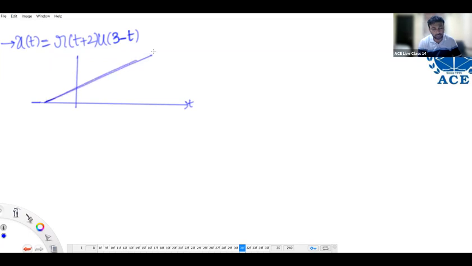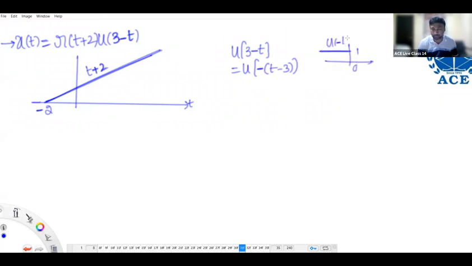R of t plus 2 means that the ramp signal starts at minus 2 with slope 1, sir. What is the meaning of u of 3 minus t? Just now we studied the logic: u of minus of t minus 3. U of minus t covers negative time. That is right shifted by 3 units.